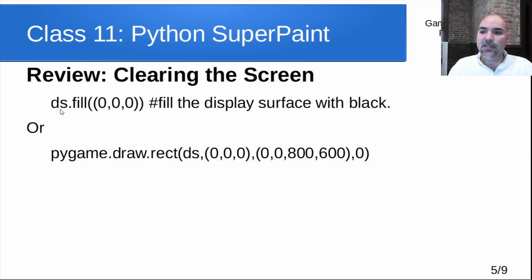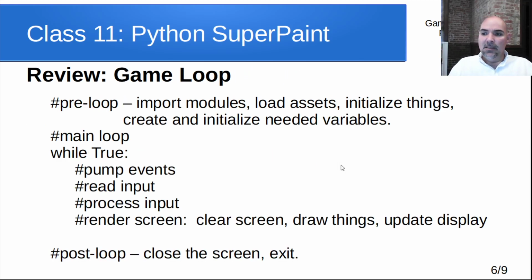Okay, and clearing the screen, ds.fill(0,0,0), fill the display surface with black, or we could draw a big black rectangle over the top of the entire display surface. That would work too. And then a game loop, basically we have the stuff before the loop itself, and the stuff after the loop. Inside the loop, you're going to pump the event queue, read the input, meaning the keys or the mouse or whatever, and then process that with if statements.